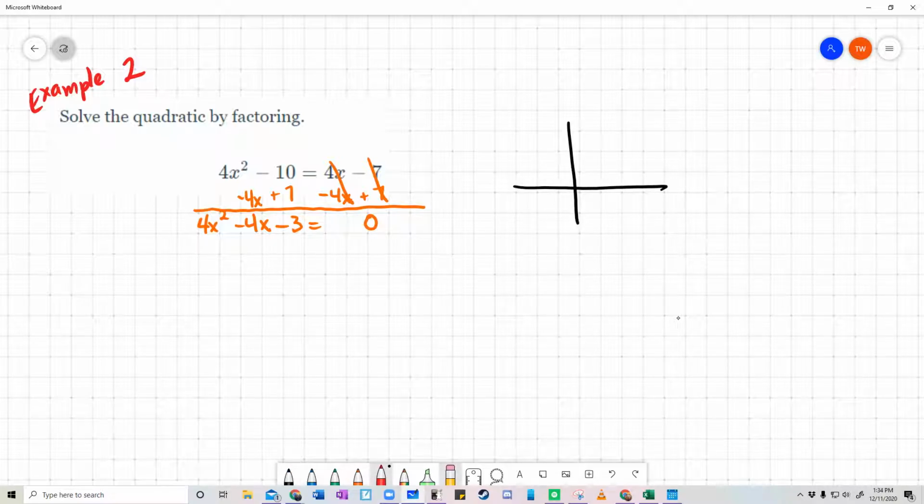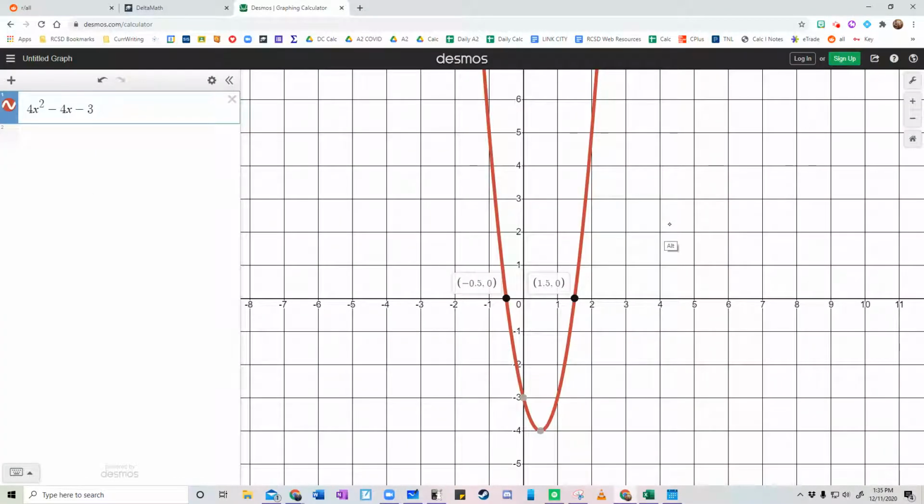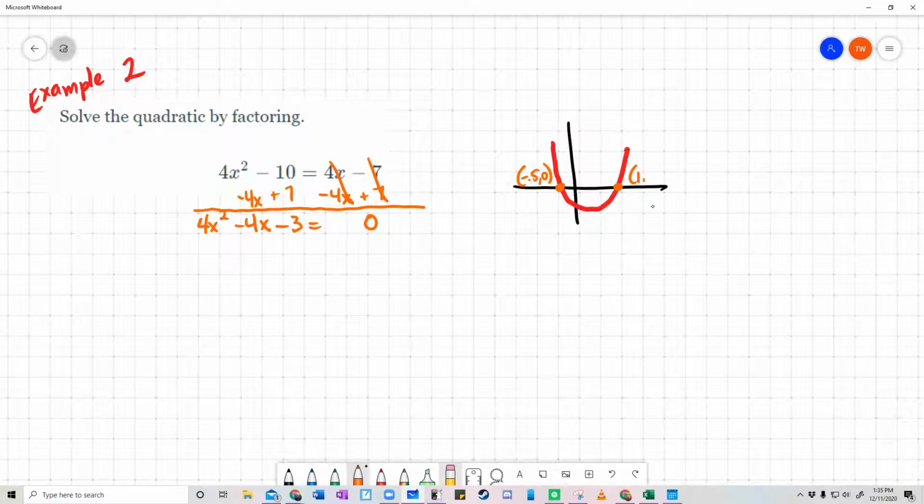Got a parabola whose zeros are negative 0.5, and I believe it was 1.5. Neither of which are integers. They're not whole numbers.